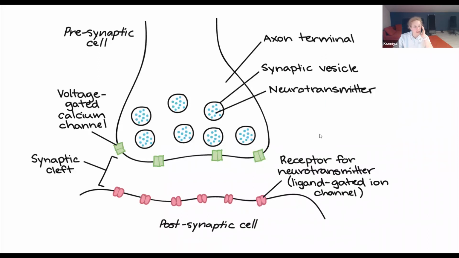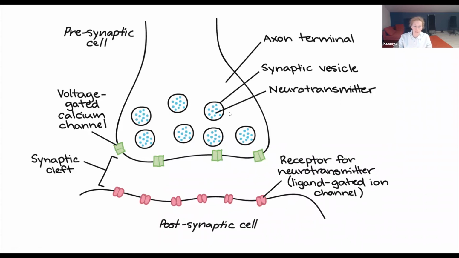As we already talked a little, there is a scheme of a synapse. There is a presynaptic part of the presynaptic cell and part of the postsynaptic cell, and this is an axon terminal.